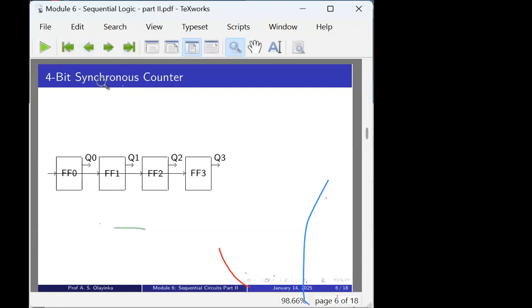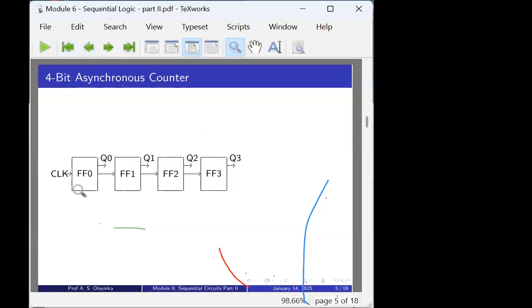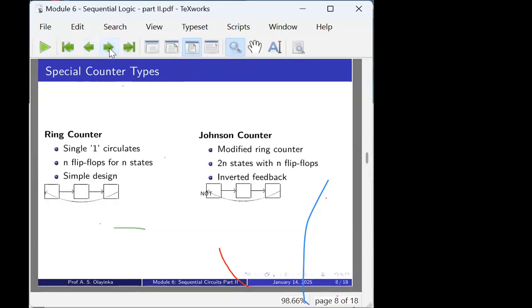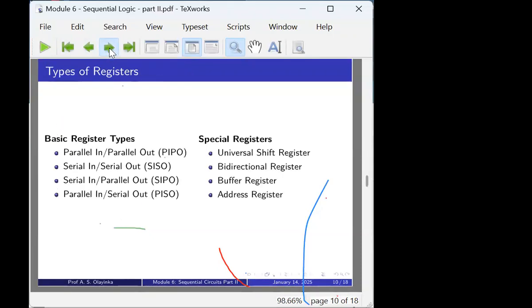So you can say the clock is connected to all the 4 flip-flops at once. Unlike asynchronous, whereby only one flip-flop gets the clock signal and the rest take theirs from the output of the previous arrangement.